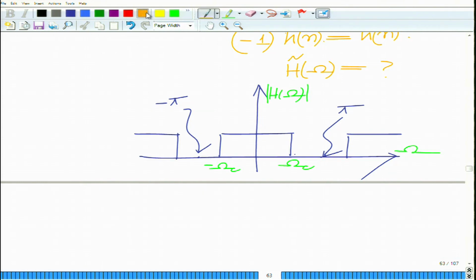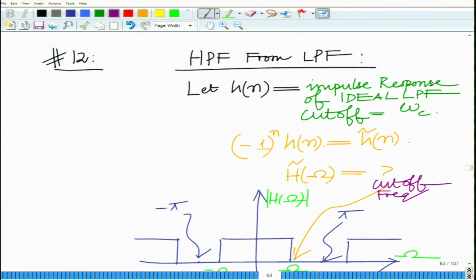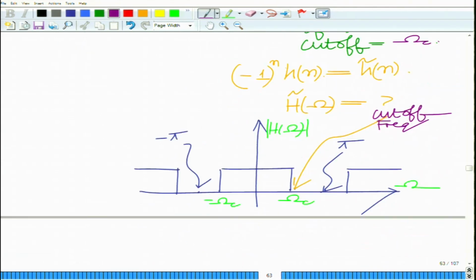Okay. And this is your cutoff frequency. Let us call this omega c.